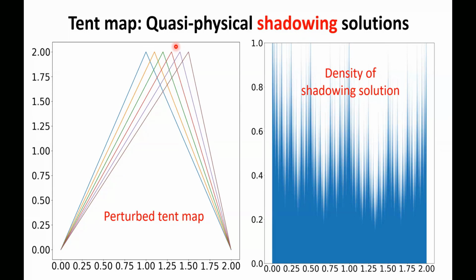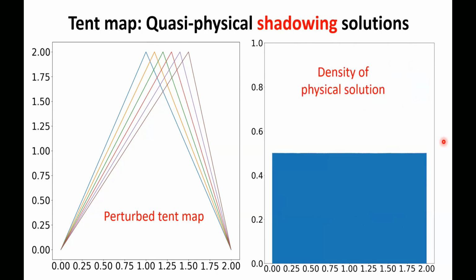And you compute the shadowing solution of this kind of perturbation. If you add this type of perturbation to the flow field, to the tent map, you would get exactly that type of quasi-physical solutions. And compare this with the physical distribution of the perturbed tent map, right? They are dramatically different.